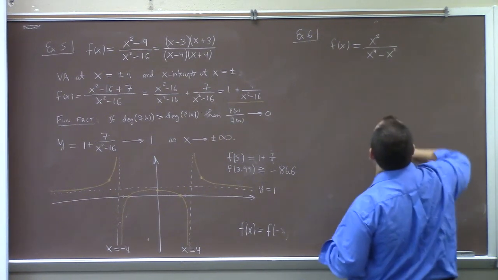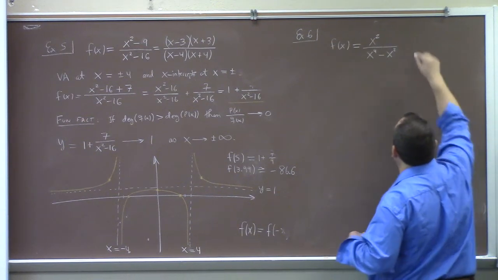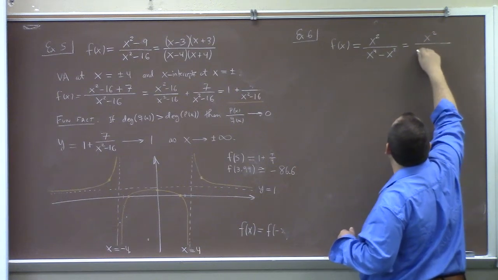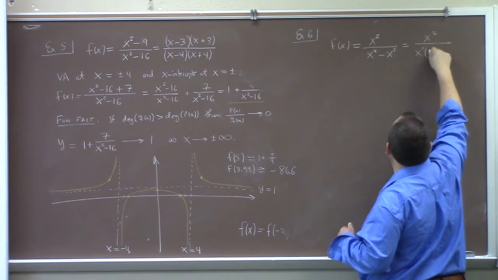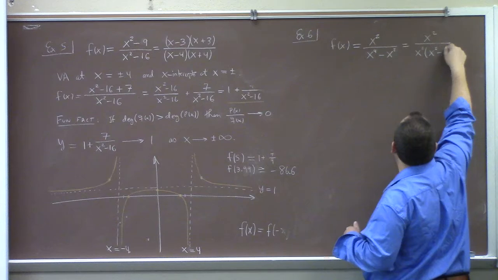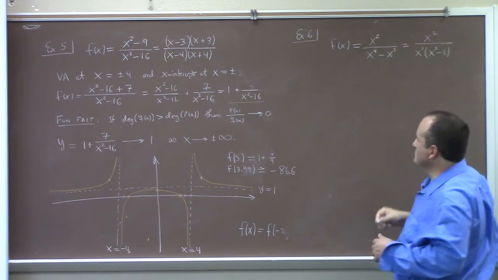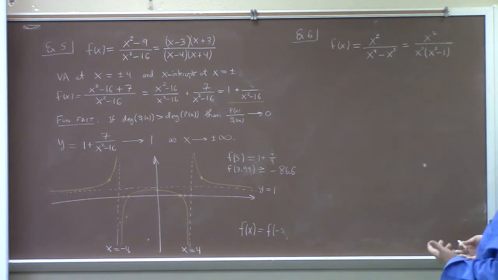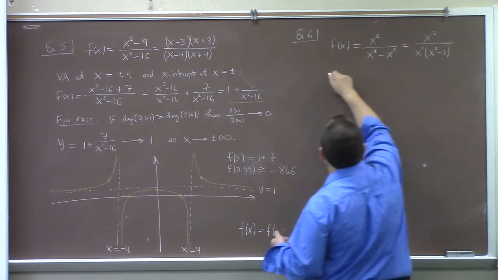There. Let's graph this thing. So first order business, I got like x squared up top, right? And I can factor out x squared downstairs. So, oh, and I can do better than that, right?